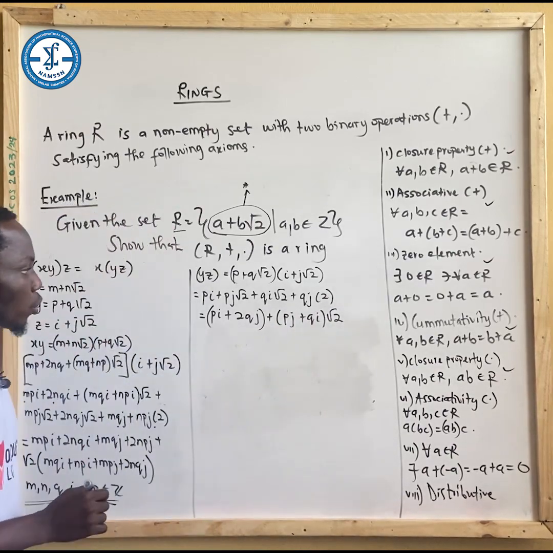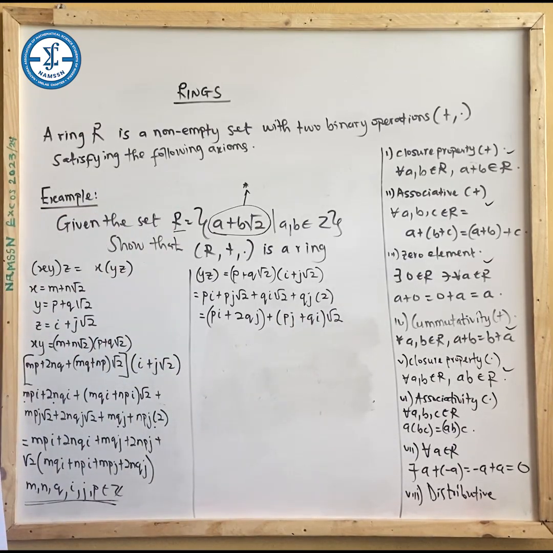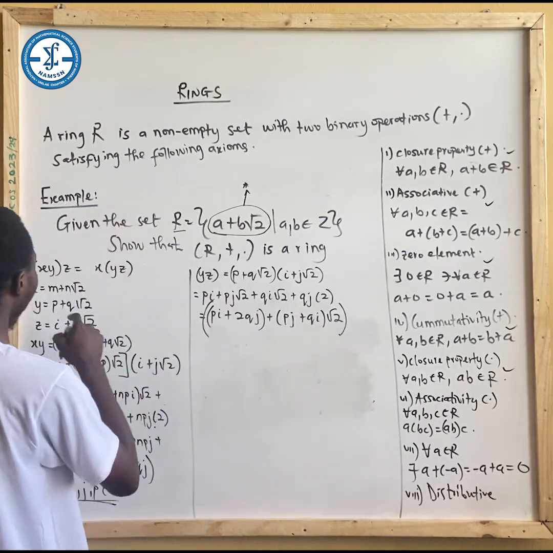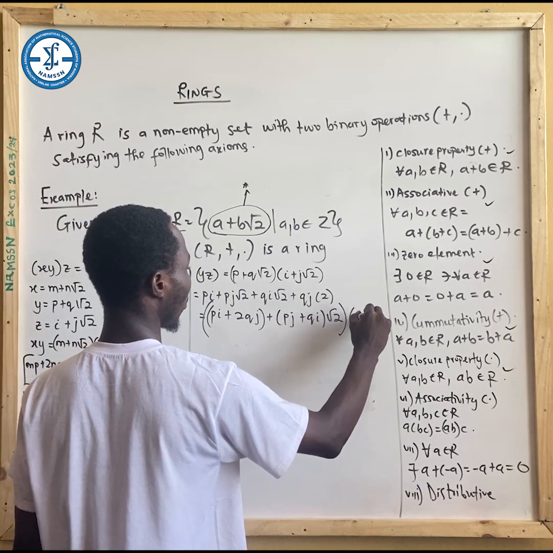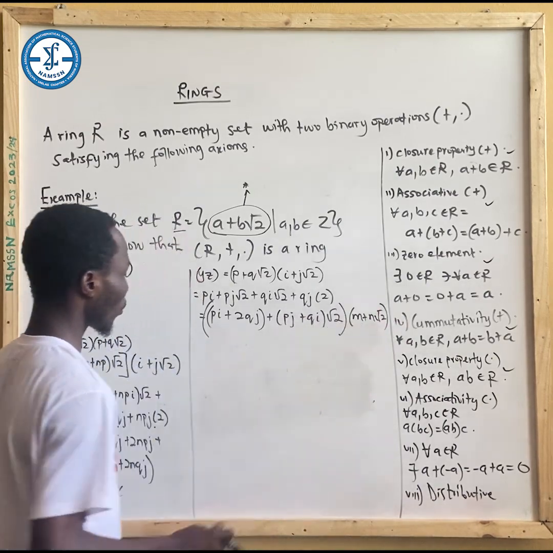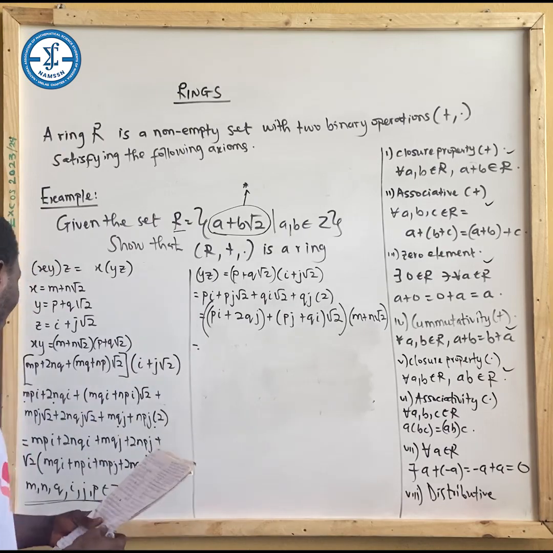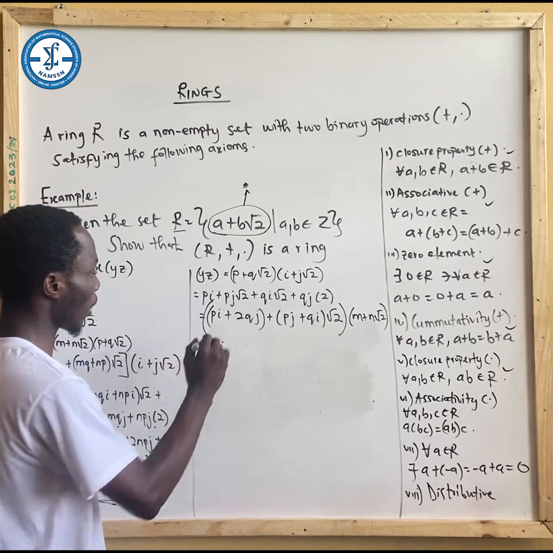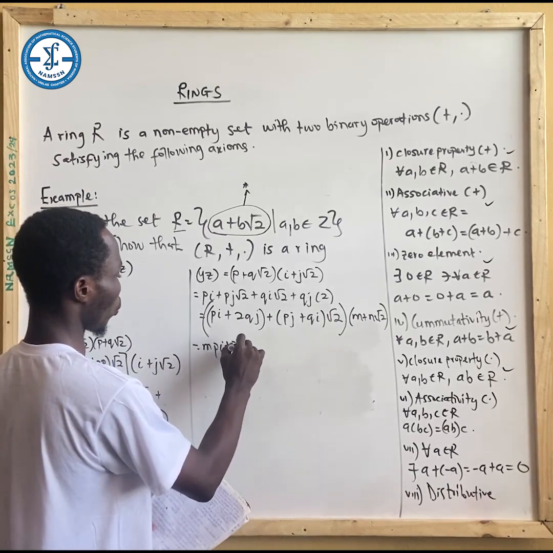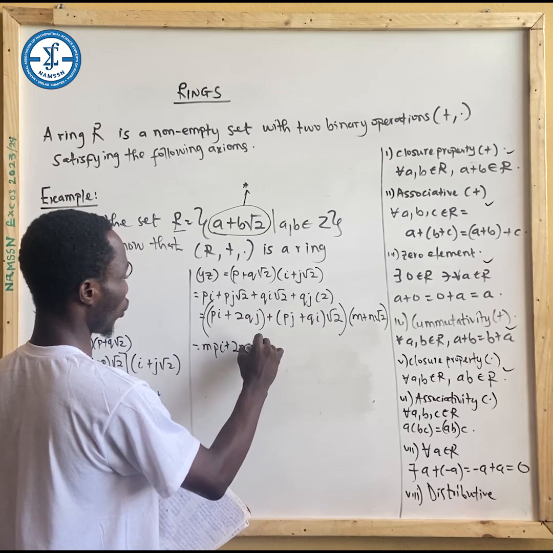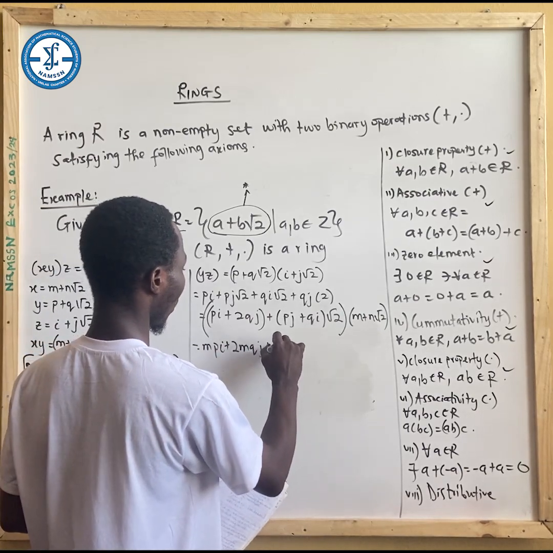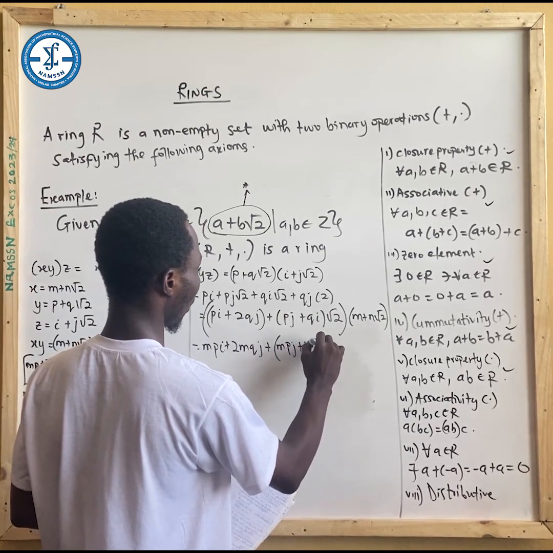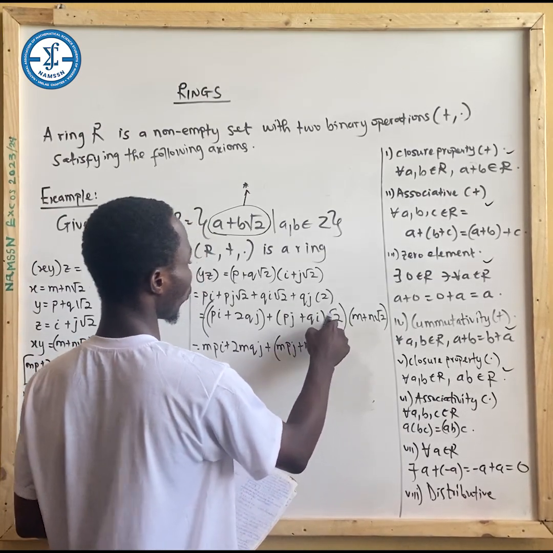So if I'm to multiply all of this by x, which is m plus n root 2, this will be m times pi, that will give me mpi plus 2mqj plus mpj plus mqi into root 2.